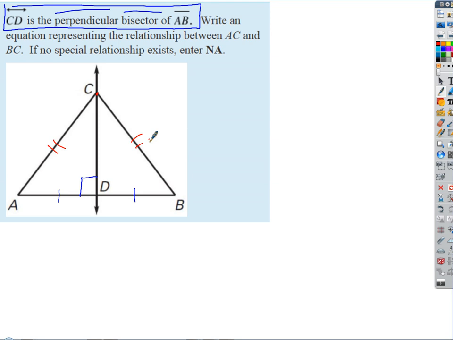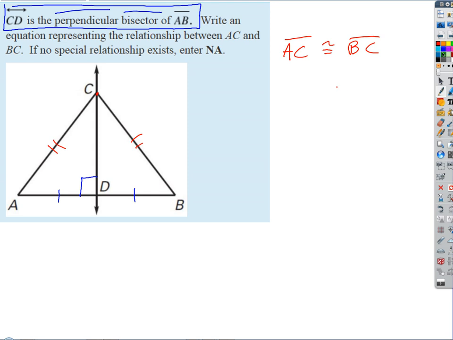How would we write an equation representing the relationship between AC and BC? Well, hold on now. AC and BC are not things. We get kind of lazy with this sometimes, and everybody does, but we would say segment AC is congruent to segment BC, because they're geometric things that I have to draw.